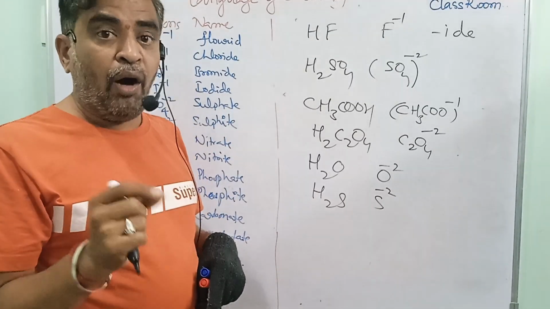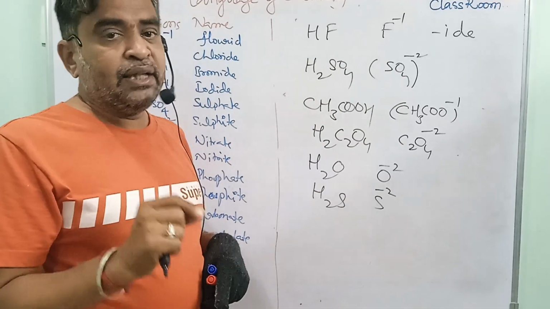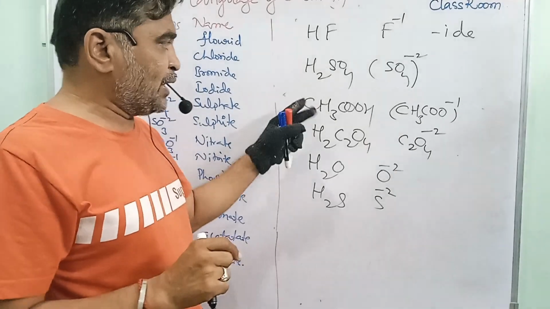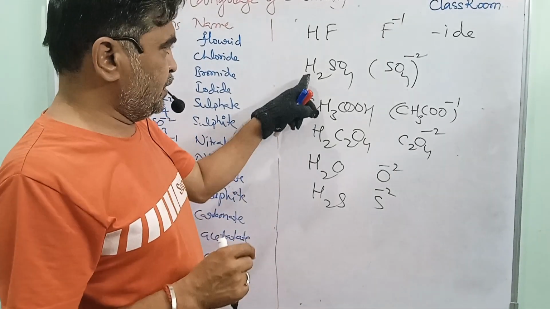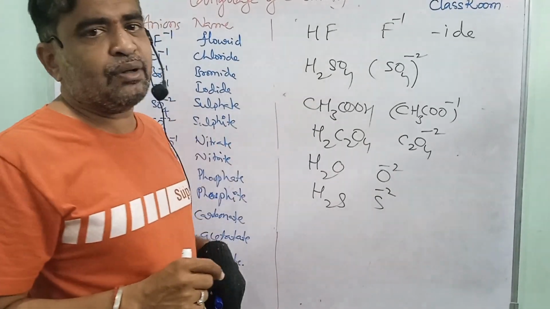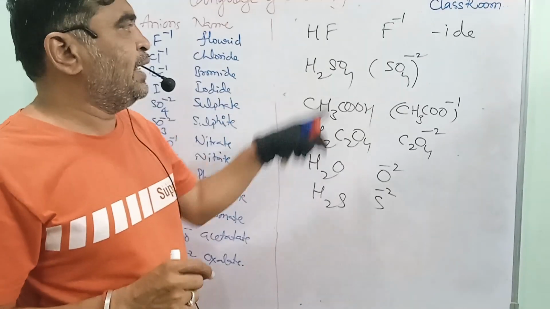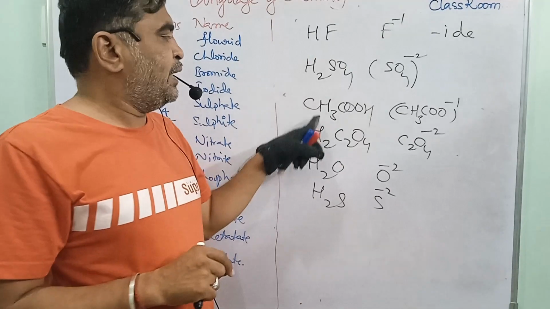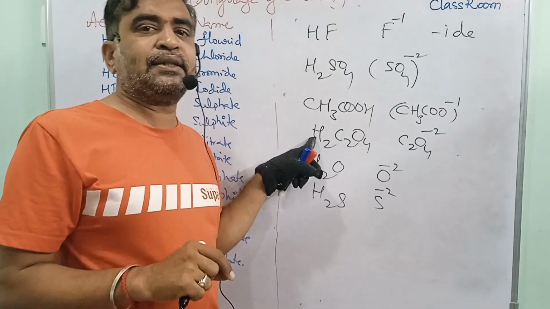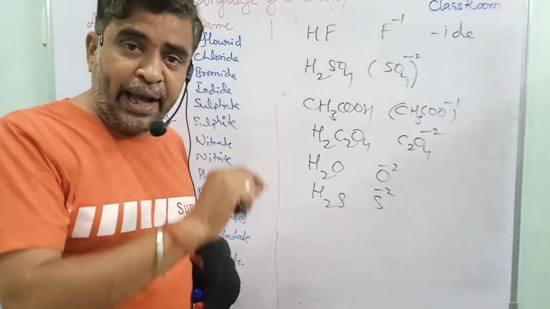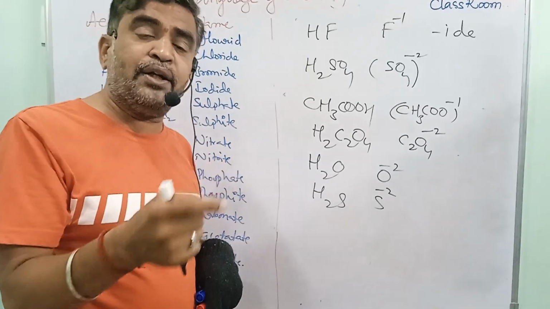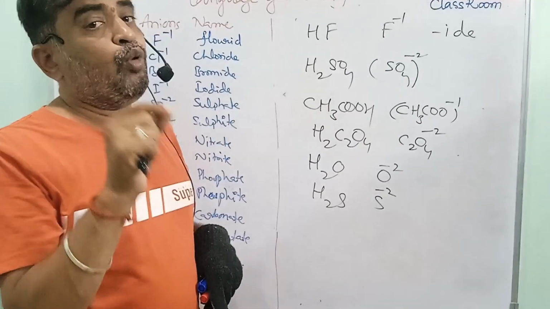For example, if the acid ends with the ic sound, such as sulfuric acid, nitric acid, acetic acid, oxalic acid, every such acid ends with the ic sound. What is the sound? It is ic. H2SO4, sulfuric acid, ends with the ic sound. Acetic acid, oxalic acid, phosphoric acid, benzoic acid, formic acid, whatever it is.